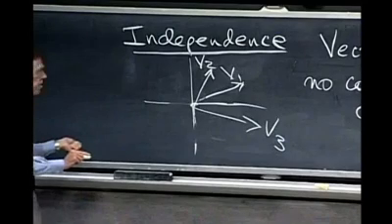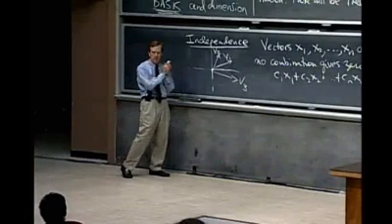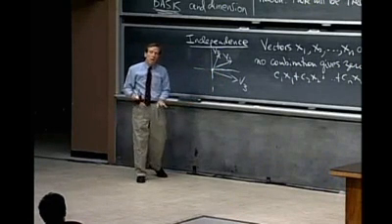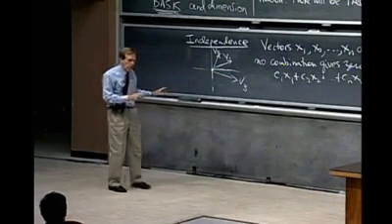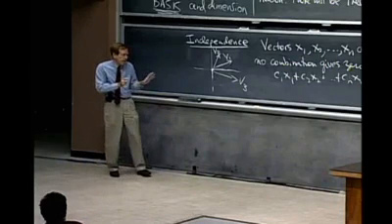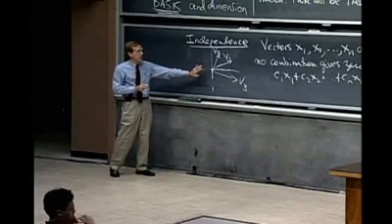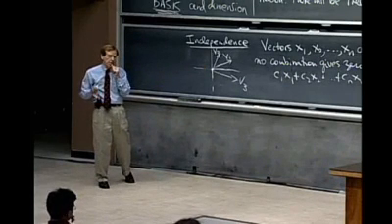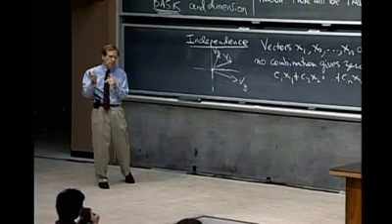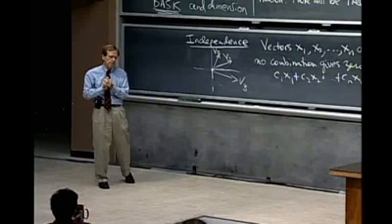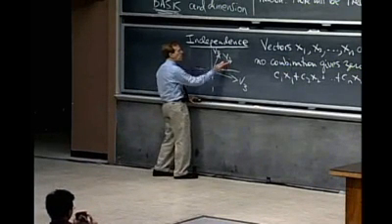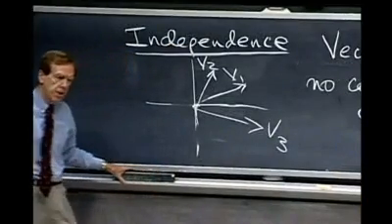I'm in two-dimensional space, I'm in the plane. I have 3 vectors that I didn't draw so carefully. I didn't even tell you what exactly they were. But what's the answer on dependent or independent? Dependent. Why? How do I know that some combination of v1, v2, and v3 gives me the 0 vector?